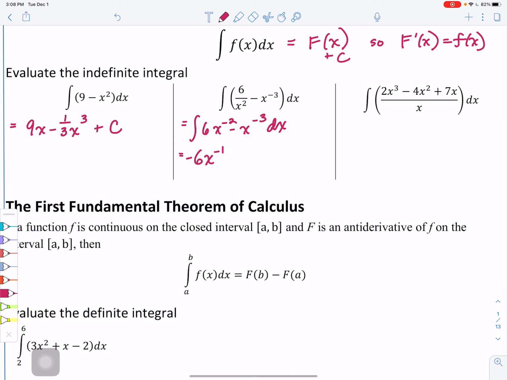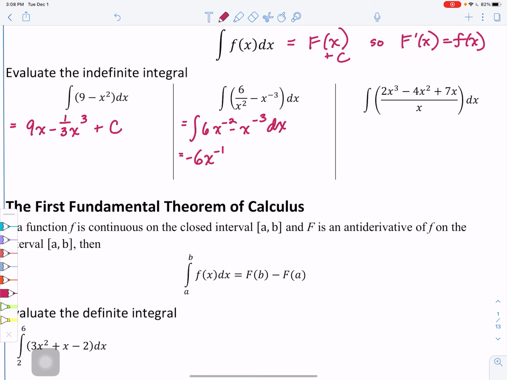Okay? And then I can't forget about my constant of integration. Now technically, if the original function was not written with negative exponents, technically you have to leave your answer without negative exponents. So you may see solutions like this: a negative 6 over x plus 1 over 2x squared plus a constant.